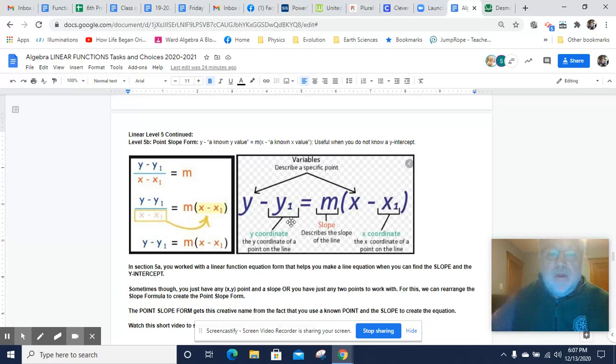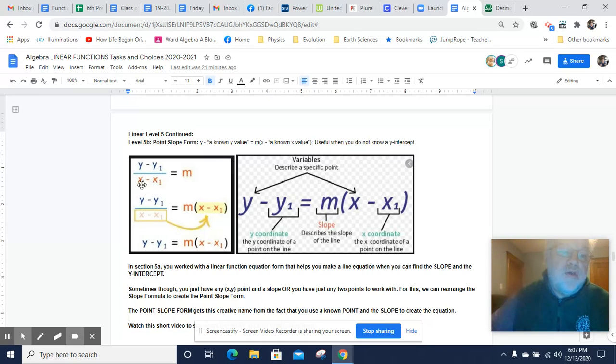We'll call this point 1. So point 1 is some number, x1 and y1, and you're just going to replace these with the x and y values of that point that you need to be on the line. And this is the number that will describe the slope of the line.